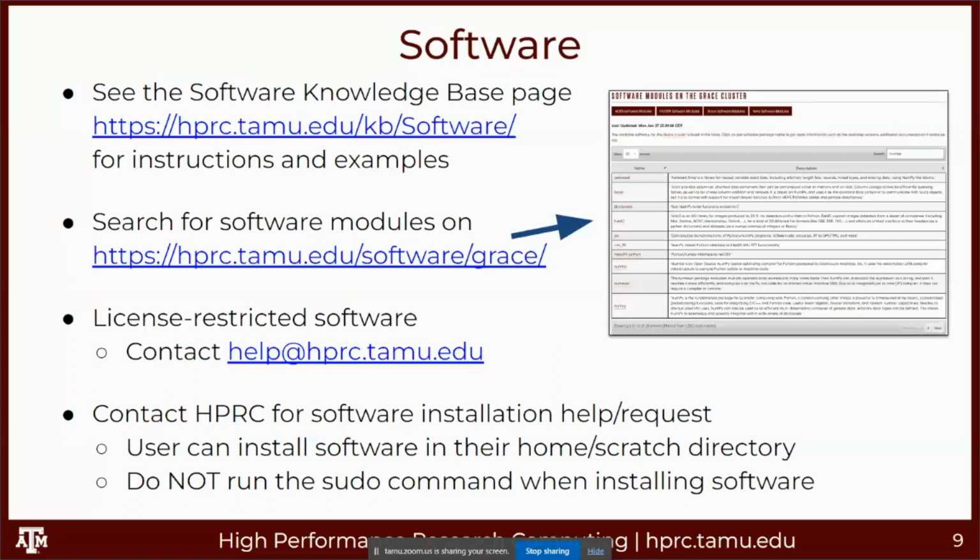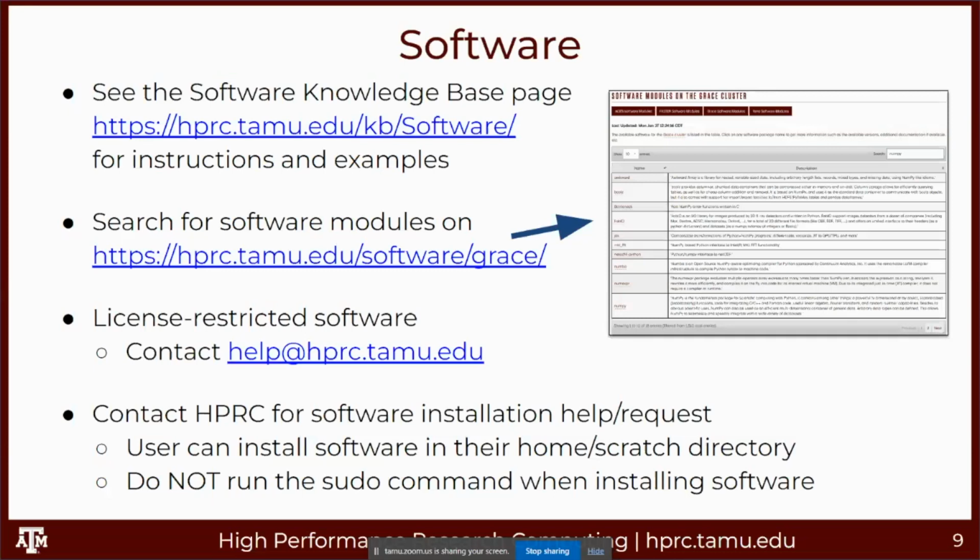Alternatively, if we do not have the software that you need, you can try to install the software yourself, which is the first option. You would install the software in your home or Scratch directory. However, keep in mind that when you're using our systems, you do not have sudo permissions. So you will not be able to use the sudo command when installing the software.